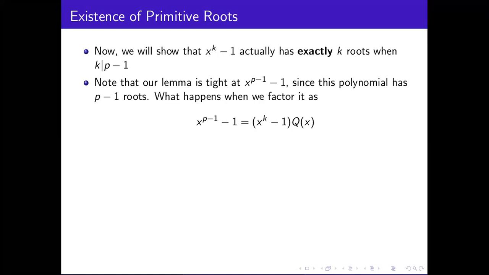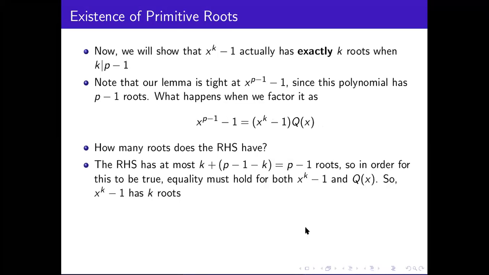But what does our lemma tell us? Our lemma tells us that the first term has at most k roots, and the second term has at most p minus 1 minus k roots, since that's the degree of Q. So the right-hand side has at most k plus p minus 1 minus k, which is p minus 1 roots. But we know it has exactly p minus 1 roots. So the only way this can be true is if both inequalities are equalities, which means that x to the k minus 1 has exactly k roots. Does that make sense?